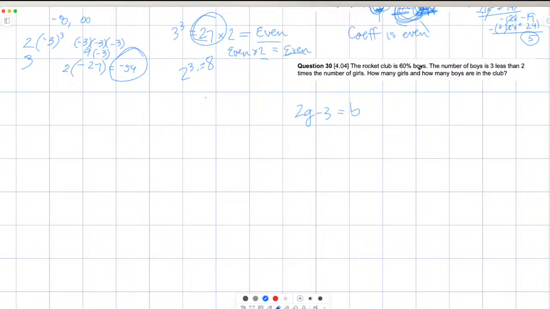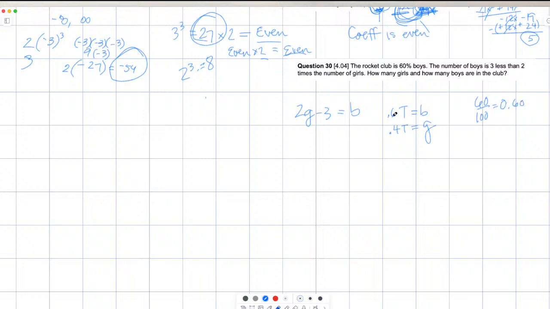And then it says the Rocket Club is 60% boys. So that means the total number of kids is made up of 0.6 times the total number of kids is equal to B, and 0.4 times the total number of kids is equal to G. So that means 60%, right? 60 per 100 equals 0.6.